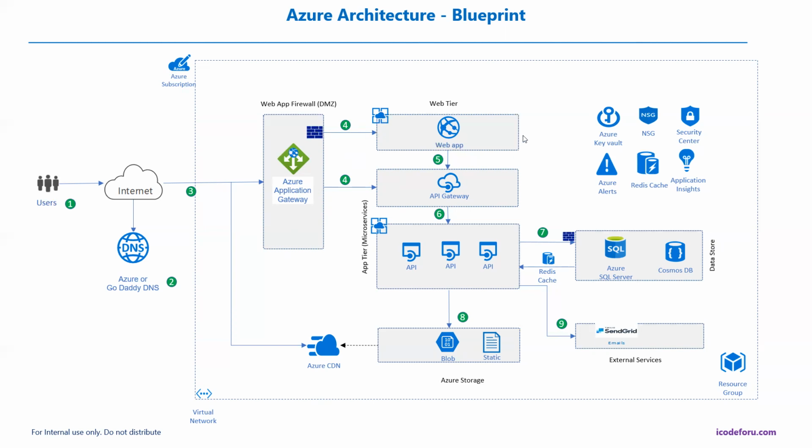Let's say I'm using the app service environment here for the web tier, and another app service environment for the app tier. Depending on your need, if you want to fully isolate your infrastructure, you can use a separate app service environment, or you can use the same app service environment for both web tier and app tier. The Azure App Service environment has 2 versions.